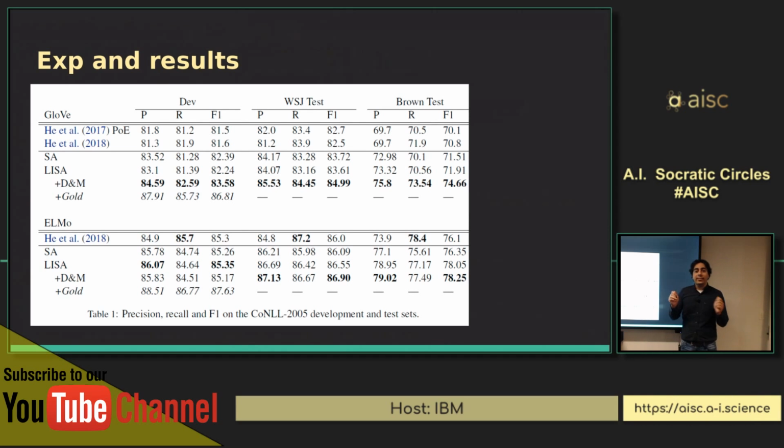A brief summary is that Elmo is a task-specific representation per embedding. Your Elmo representation will be different for semantic role labeling as opposed to syntactic parsing or machine translation. We have a really good talk on that.